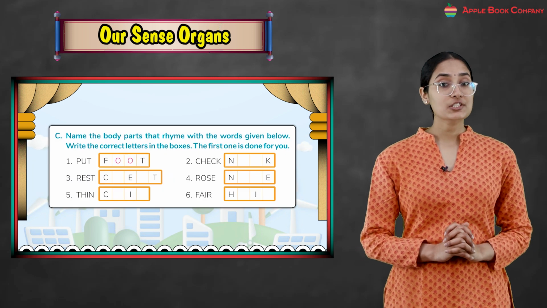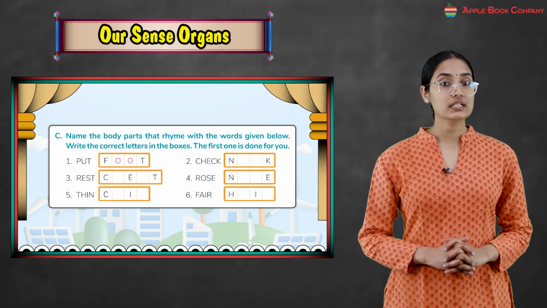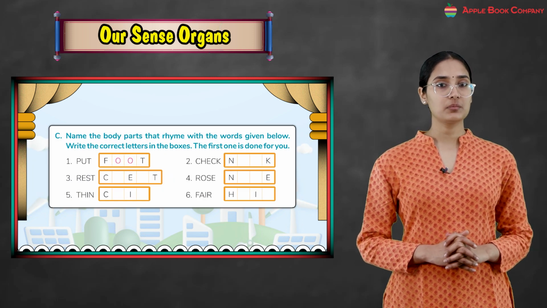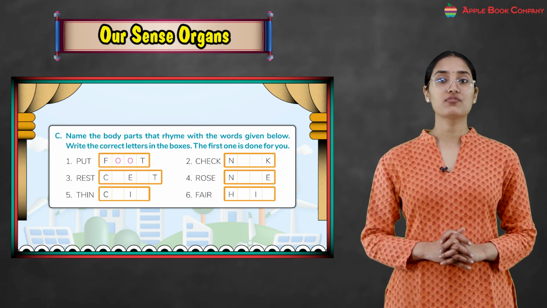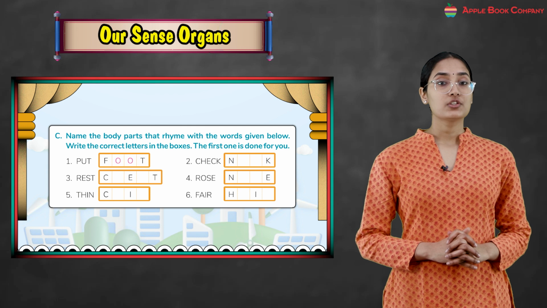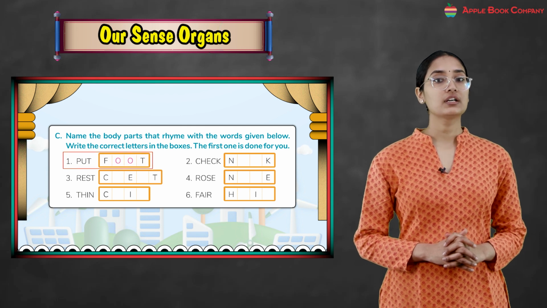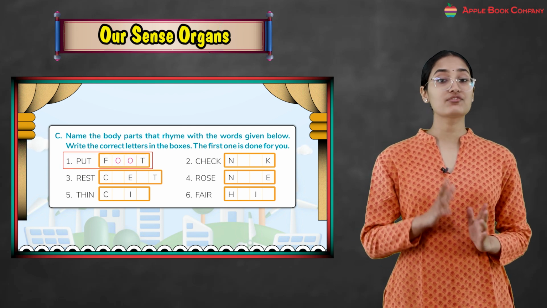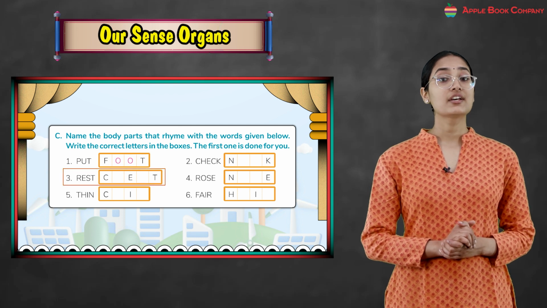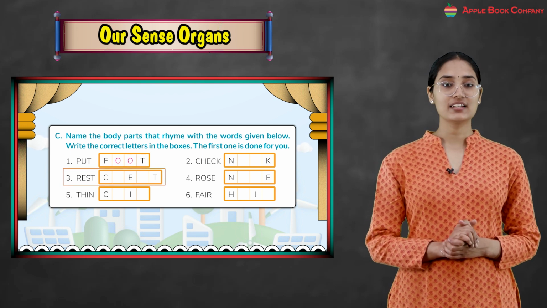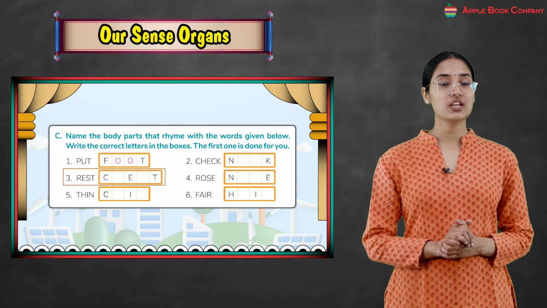Right. Next question is, name the body parts that rhyme with the words given below. Write the correct letters in the boxes. The first one is done for you. So we have to rhyme the words. For example, rest, chest, right? So CHEST.